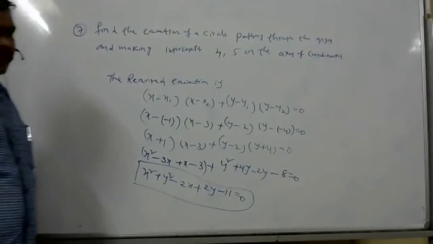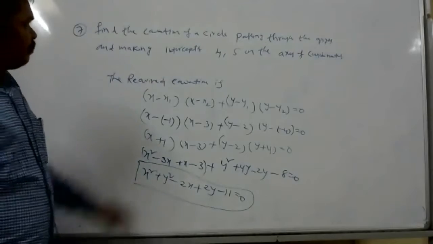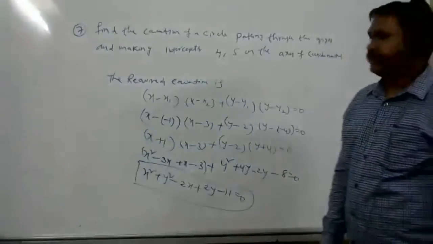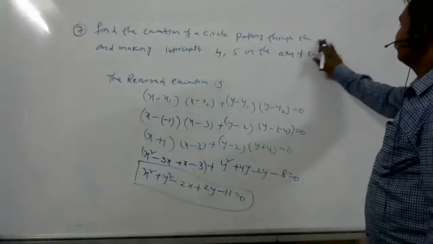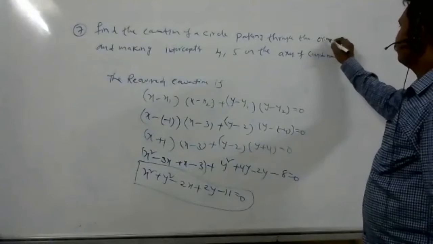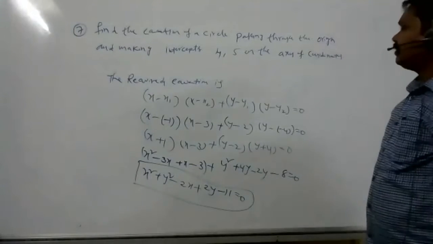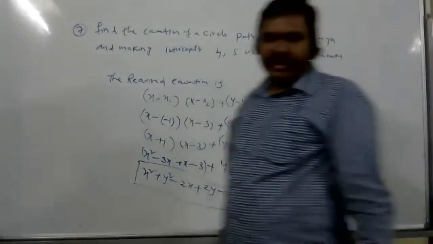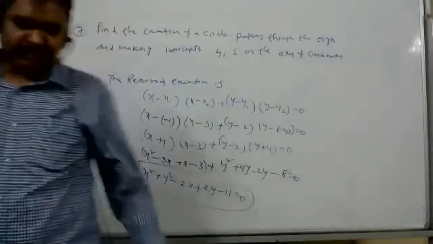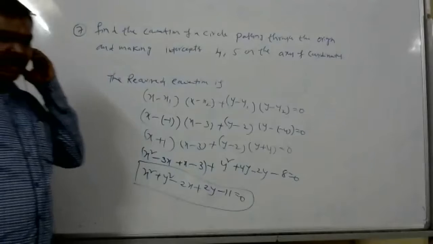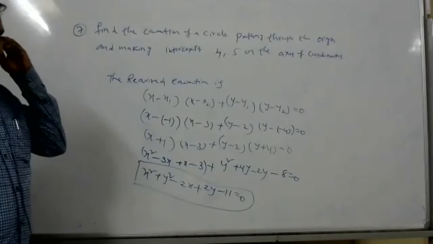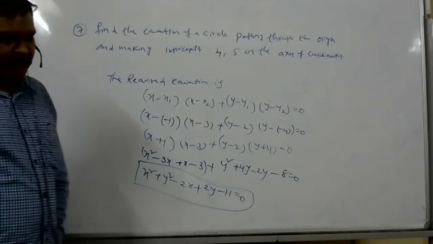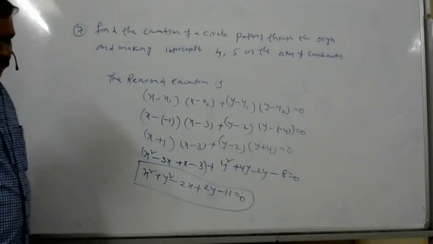So what does it say after passing through the origin? Passing through the origin and making intercepts 4 comma 5 on the axis of coordinates.